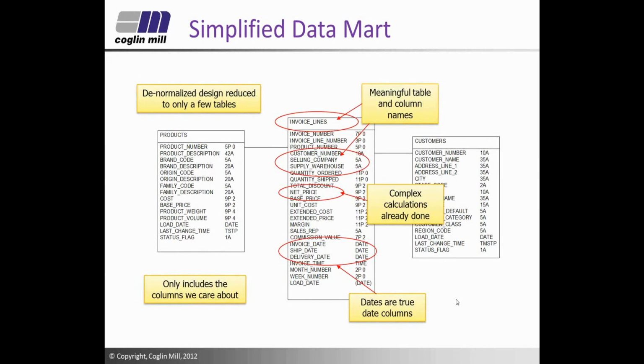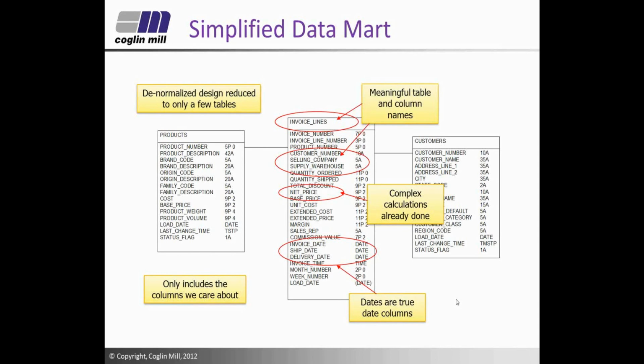We've already performed some complex calculations so that the end user doesn't need to guess the calculation for net price or net sales, etc. And we've also converted columns into true date columns, so it's very easy now to manipulate dates and do date calculations.